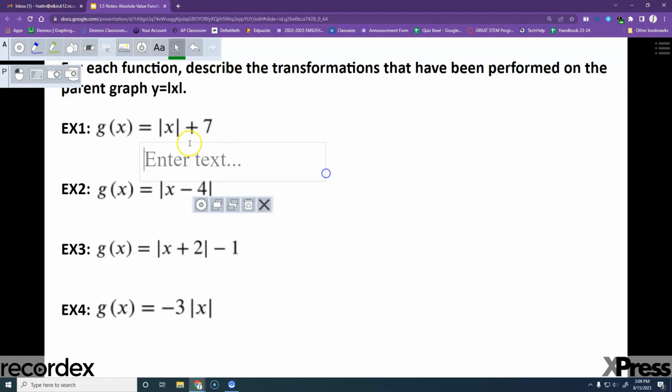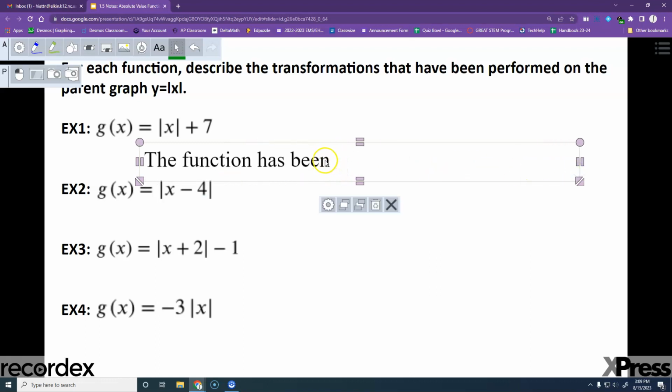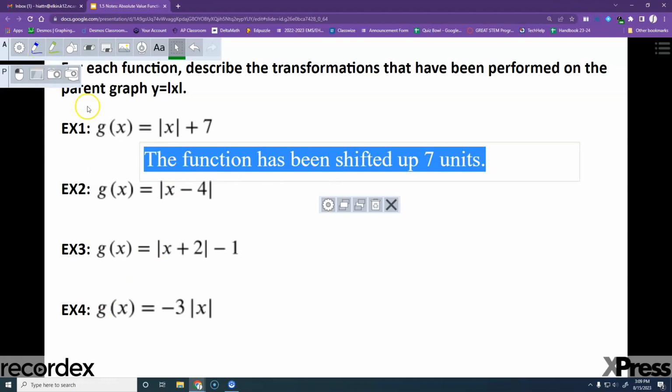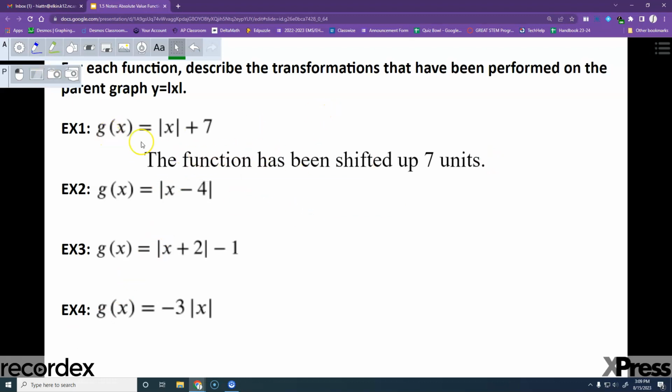So what I could say here is that the function has been shifted up 7 units. So this would be what we would say for our first example.